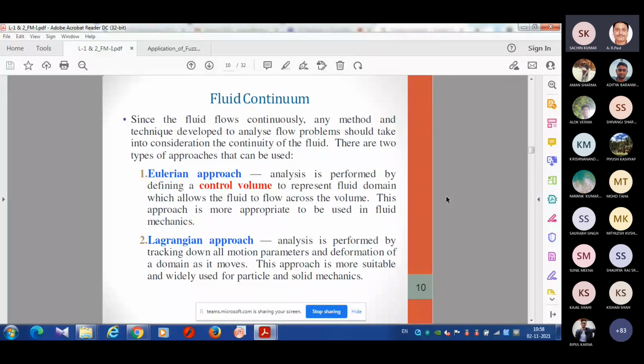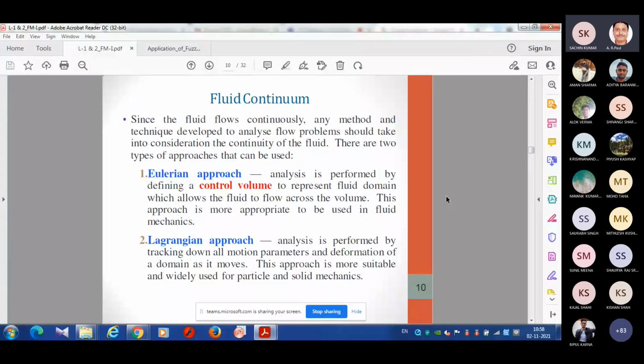Now, if 10 students of humanities are going to enjoy a movie, and if somebody wants to track each and every student, obviously that is not a very pleasant affair. But if this happens, how many cameras would you require for the Lagrangian approach? 10 cameras.